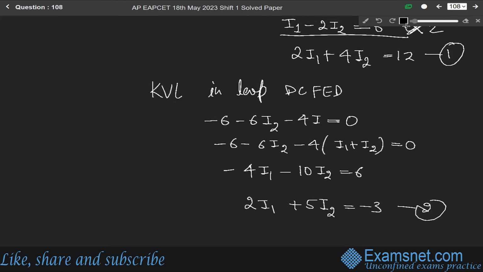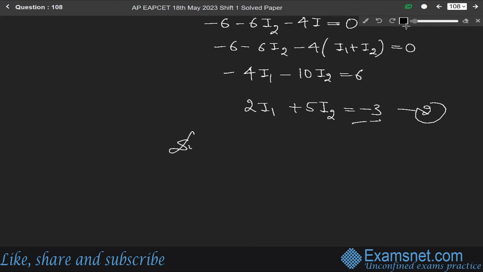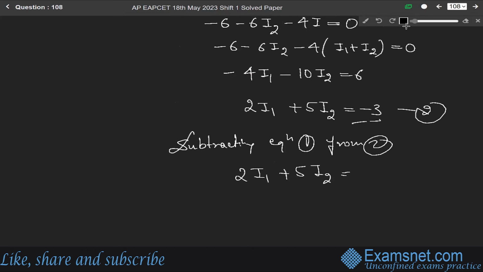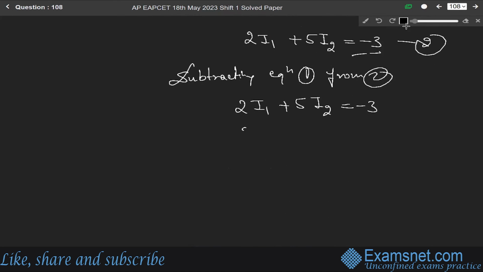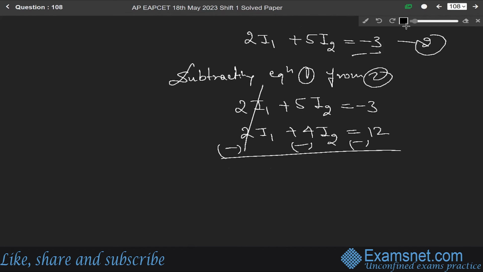Now subtracting equation 1 from equation second. Let us say this is 2I1 plus 5I2 equals minus 3, and this is 2I1 plus 4I2 equals 12. So subtracting it, 2I1 cancels out.